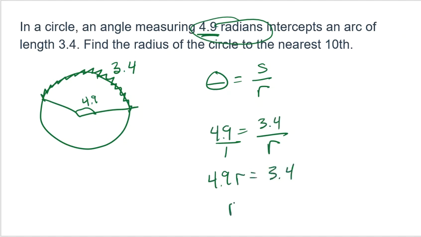That's easy math. So R equals 3.4 divided by 4.9. Use a calculator, obviously, unless you can do that in your head. And you get 0.69. It says round to the nearest tenth. So it'd be 0.69, but that would actually round to 0.7 if we were going to the nearest tenth. That's it. How easy was that? Draw a picture. Always helps. Use the formula. It always helps.